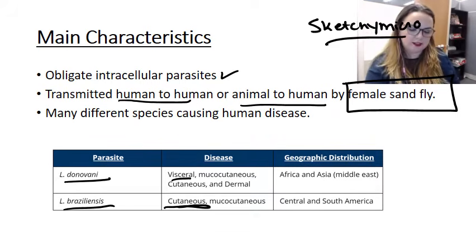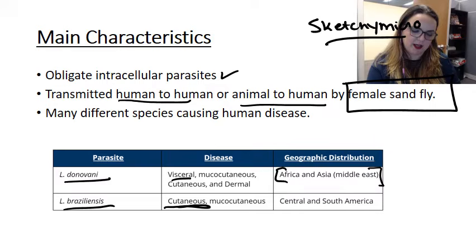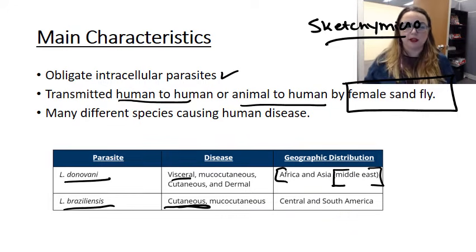And they also have slightly different geographic distributions. With L. donovani, we're more likely to see that in Africa and Asia, maybe the Middle East a bit, whereas Central and South America are more associated with the one that sounds like a South American country, Brazil.